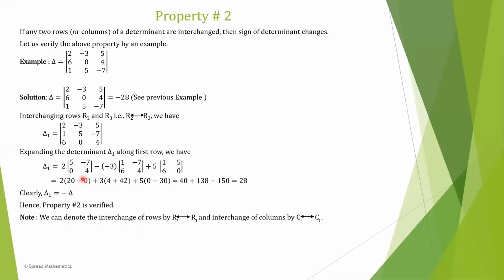Now you can see clearly delta 1 is equal to minus delta. So property number 2 is verified. Now you can remember this: we can denote the interchange of rows by Ri interchanged by Rj, and interchange of columns means Ci interchanged by Cj.